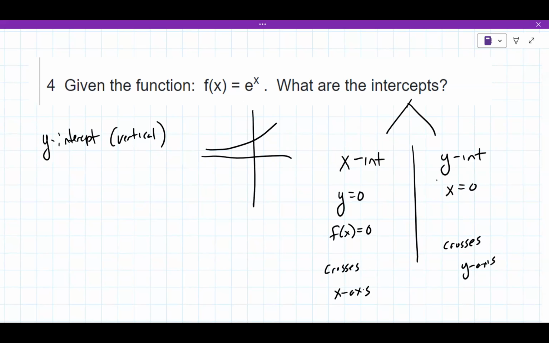It crosses right there when x is 0. So this is calculating f of 0. You're putting 0 in for x, e to the 0. What is anything to the 0 power? 1. So this point right here is 0, comma 1. That's the y-intercept.